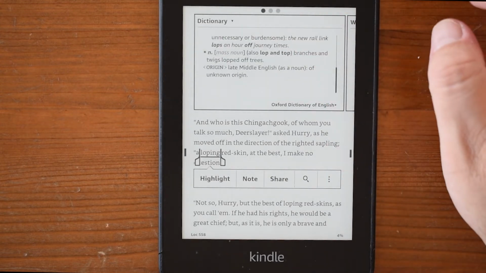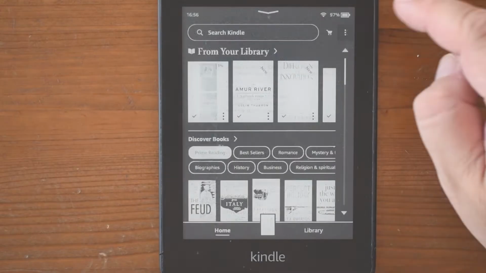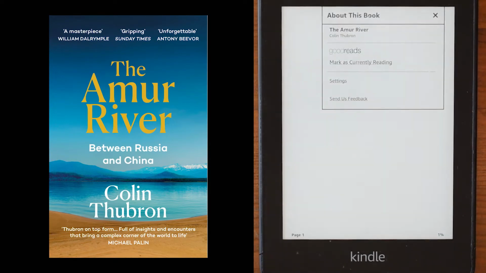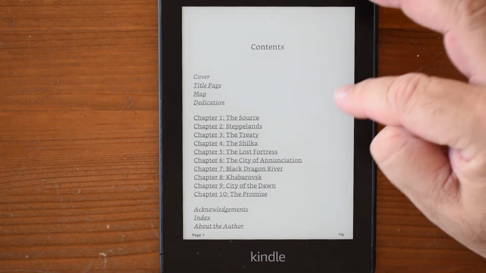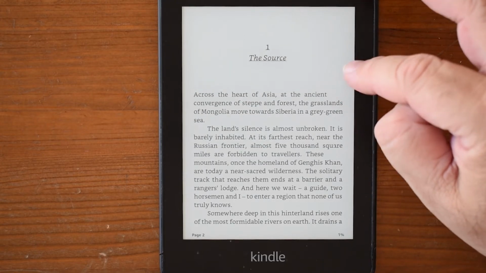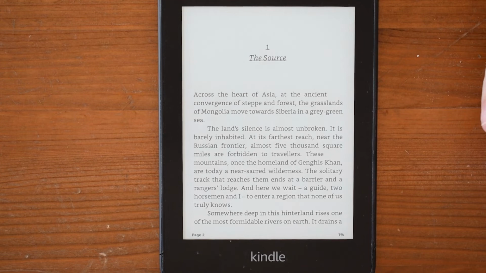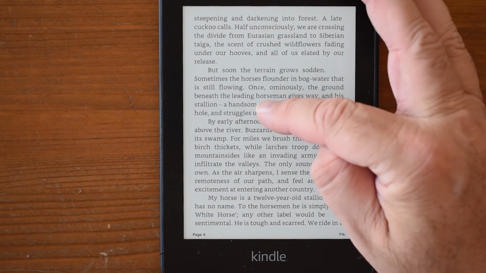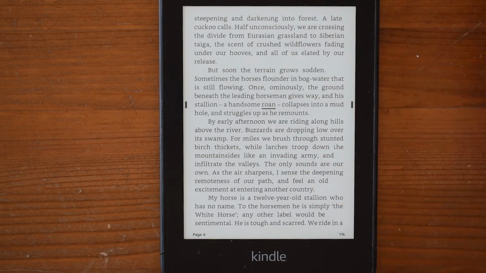And just to have some variety, let's look at another book, and this would be The Amur River by Colin Thubron, published quite recently, and I've been reading this, and I noticed that it uses a large vocabulary, and there are some words that I'm not familiar with. Okay, here's the word brown, which I've never seen before.